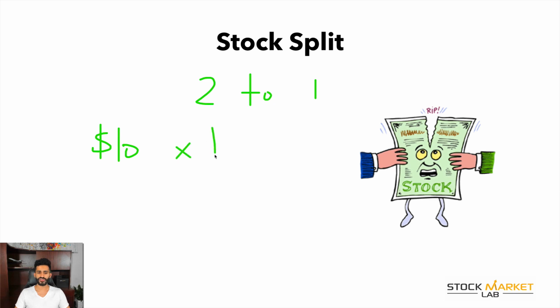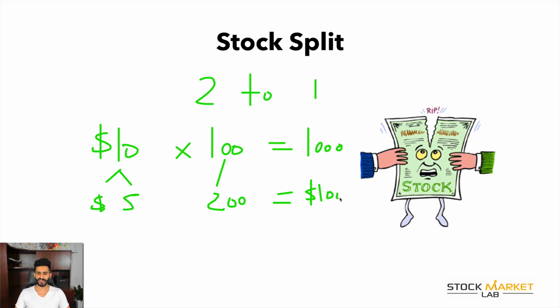It has 100 shares and the market cap is $1,000. Now, when a stock has a stock split, what tends to happen is it splits this price, it takes this price to $5 and it takes this to $200. Now, when the stock has a split, guess what? The market cap stays the same.